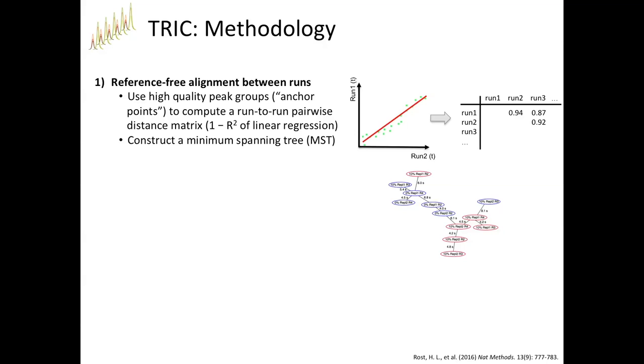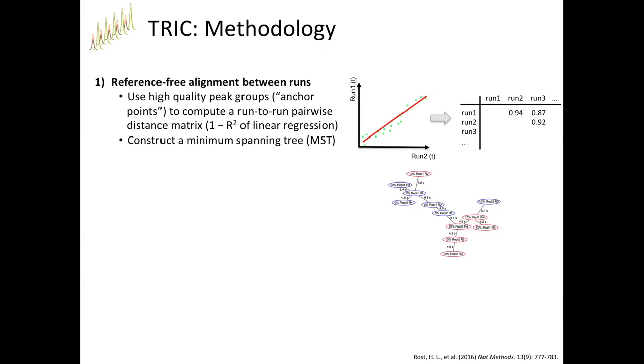And then you can use the distance matrix to construct a minimum spanning tree, which will contain all of your samples as nodes, and the edges in the tree represent the retention time difference that you calculated here.